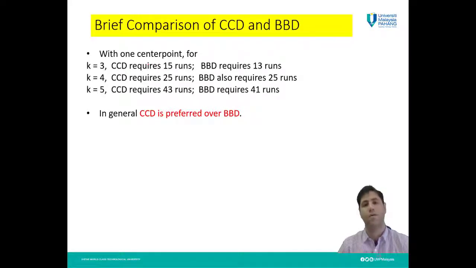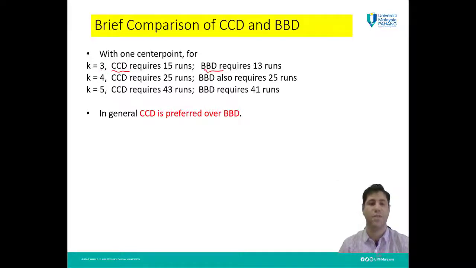So lower runs for your projects or experiments means it is a more desirable design of experiment. Then we can compare the CCD and BBD. As you know, both of them will give us that second order model. So we can compare them according to the number of runs.